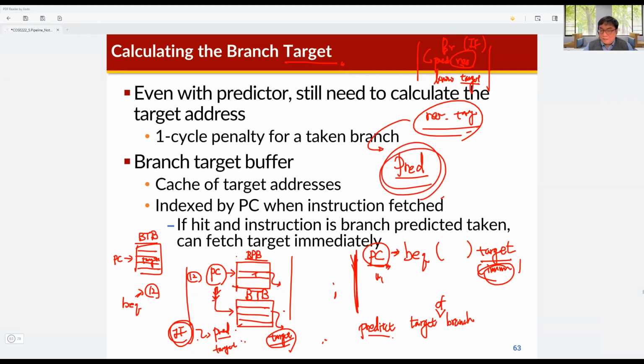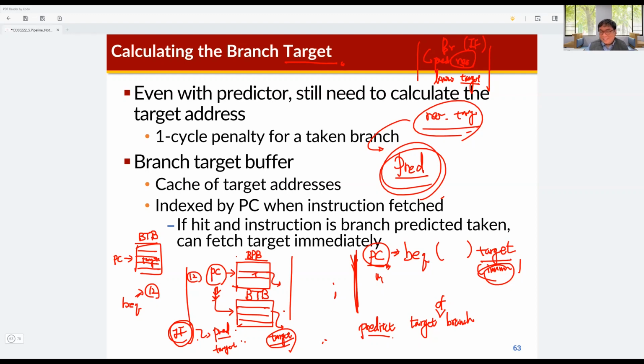So I believe this topic is a little bit tricky because I believe you are learning the first prediction technology in the process of design. But it's very critical for the performance of a computer processor. So it's a very important technology.